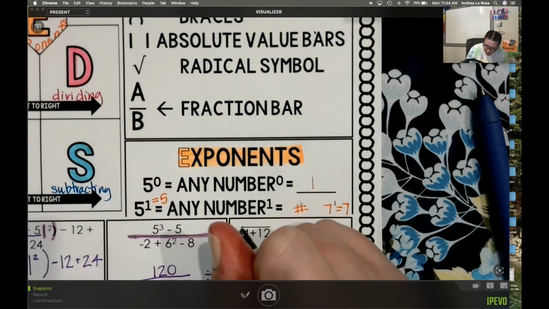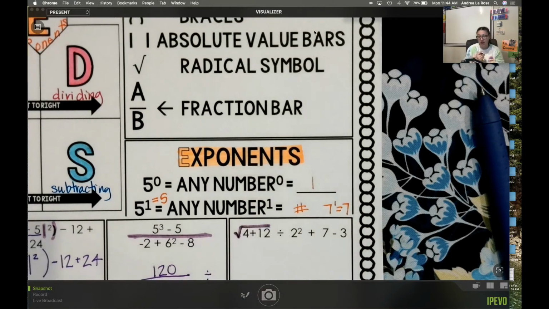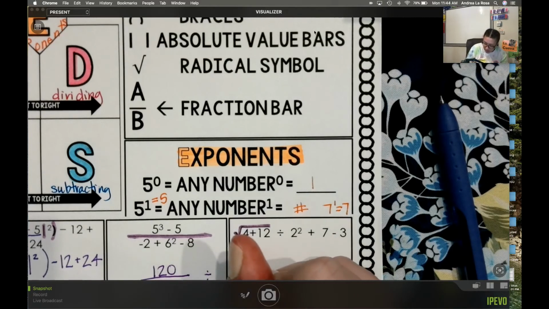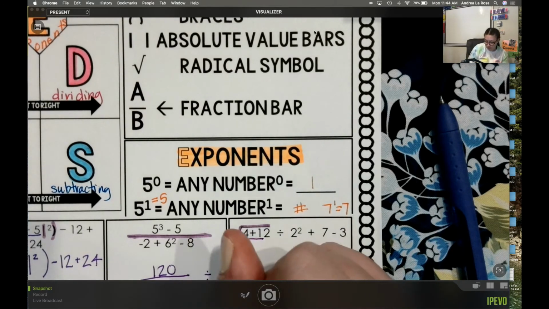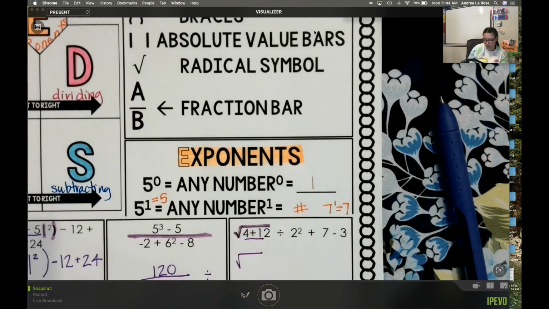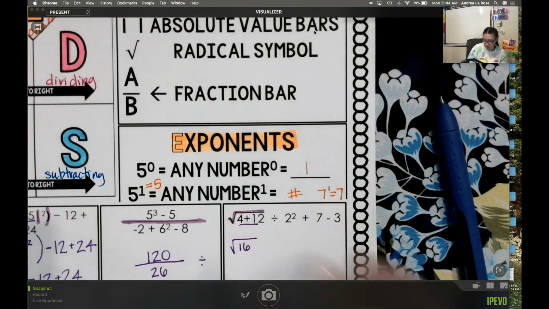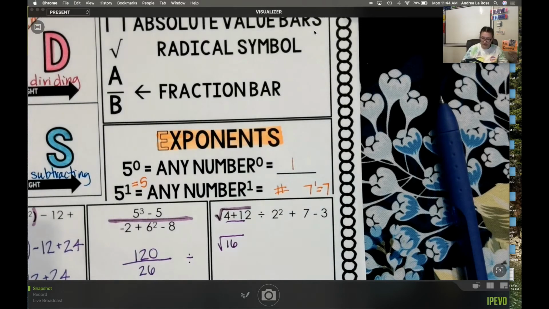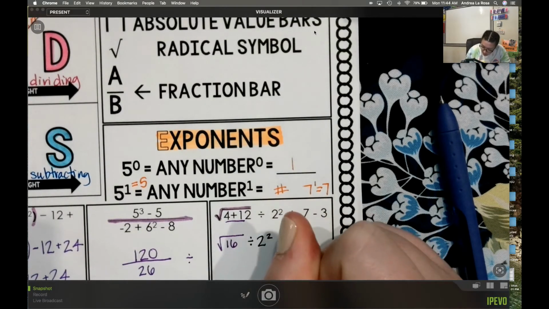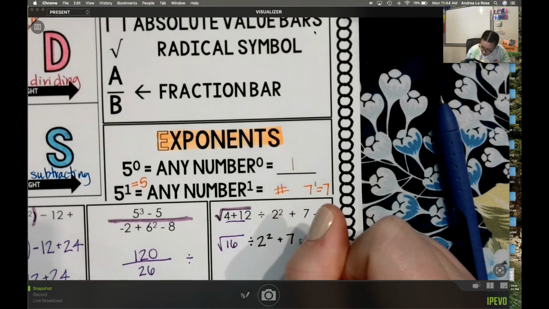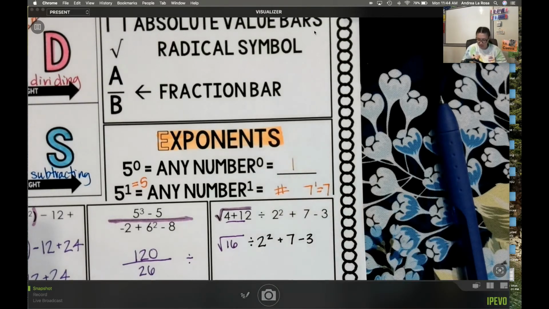I have the square root. I have to do that math that's underneath the square root first. That's a grouping symbol. So I'm going to need to add what's underneath that square root. So what is 4 plus 12? 16. I have my 16, and I need to divide it by 2 squared plus 7 minus 3.